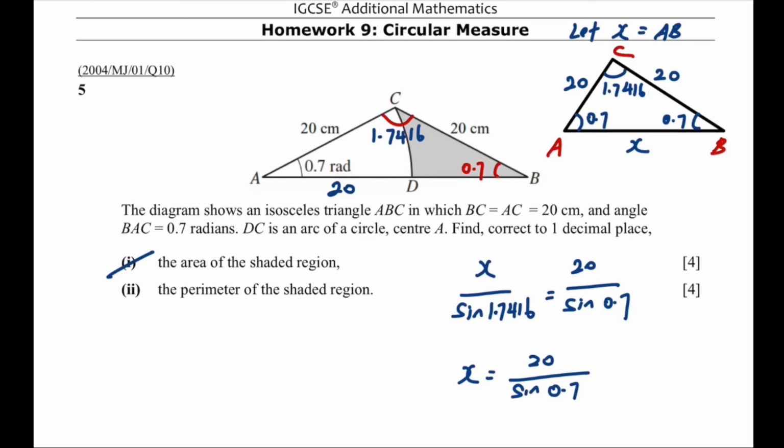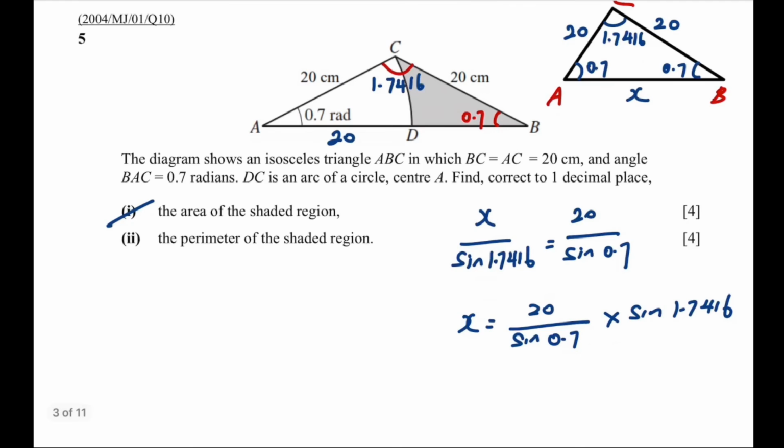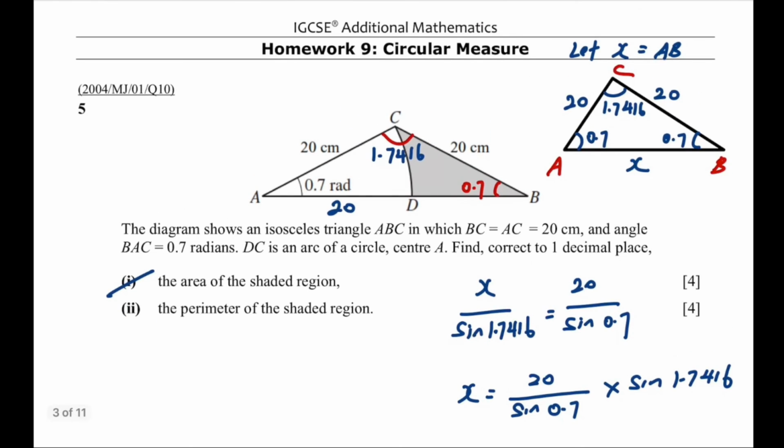Everything must be in radian mode, because the angle input now is in radian. 30.6 cm. So AB, this is 30.6 minus 20, so this is 10.6 cm.